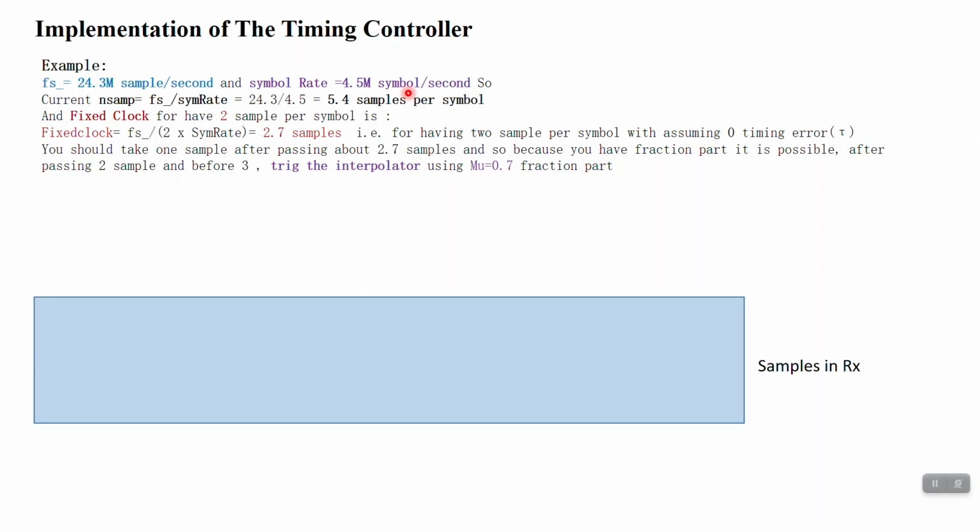As you know, the number of samples per symbol can be calculated with this formula, F_s divided by symbol rate. So the number of samples per symbol is about 5.4 samples per symbol.